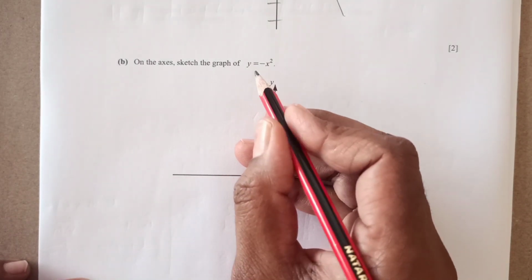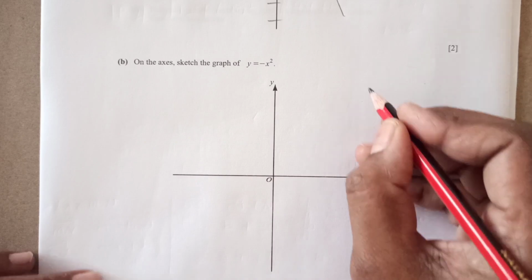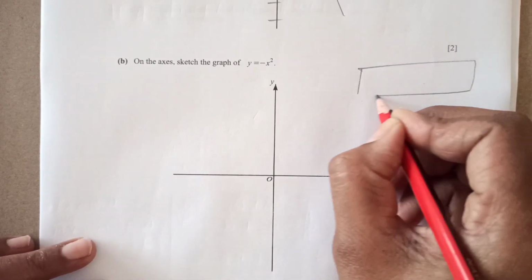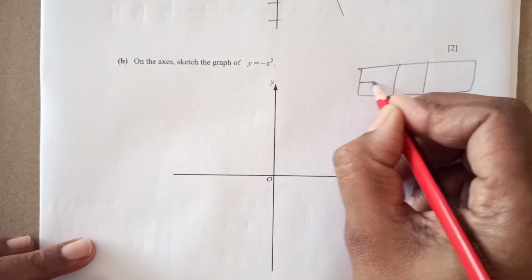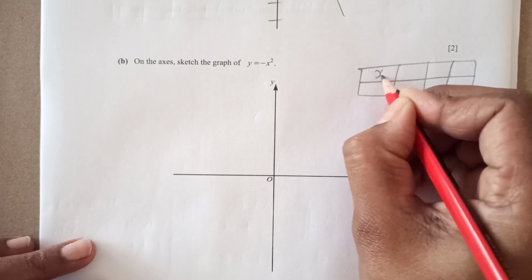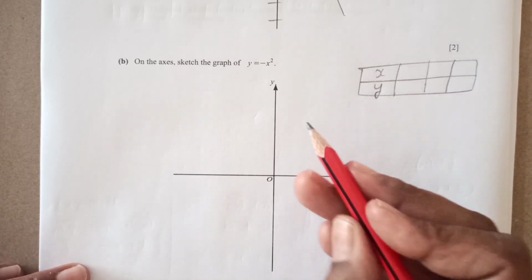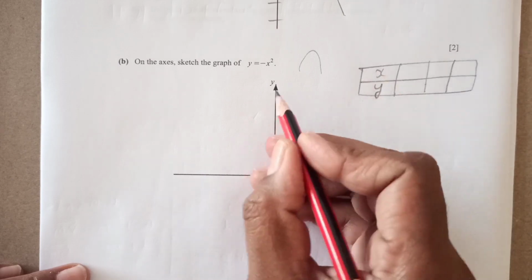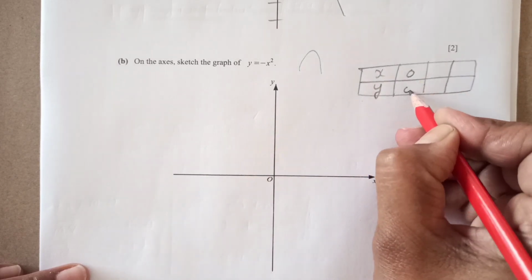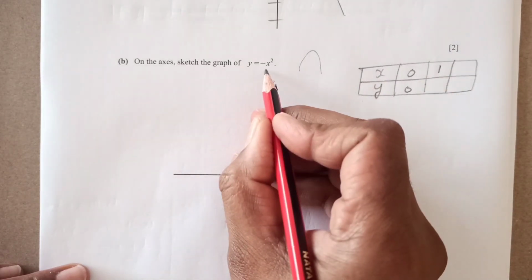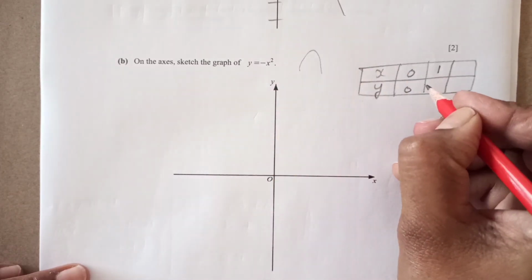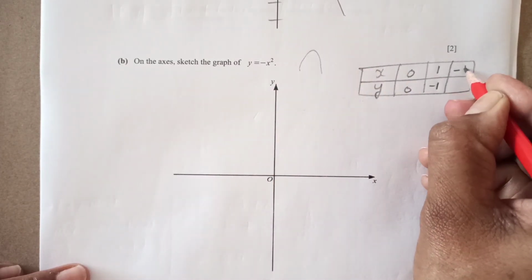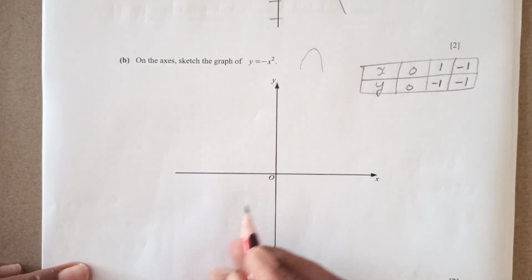Okay, so now next one we have: on the axis, sketch the graph of y equals x minus x squared. Now this is a parabola, but still you can just take 2-3 values. Why are we taking 3 values here? Because we need to know the negative. So x is 0, y is 0, right? When x is 1, y is going to be negative 1, and when x is negative 1, y is again going to be negative 1.